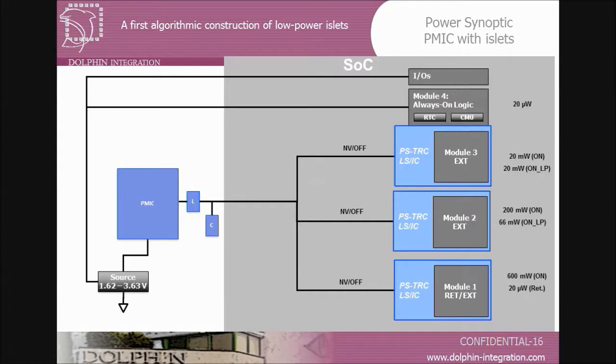Another alternative for building your low power SoC is to introduce, with the standard cell offering, power switches, level shifters and isolation cells to perform extension of your islet. Here you have other alternatives. You can perform nominal voltage and extension.